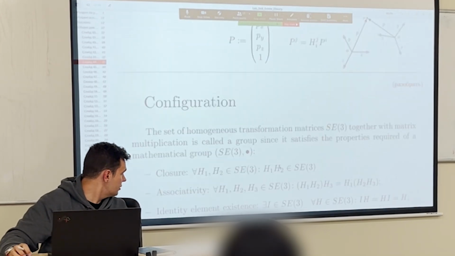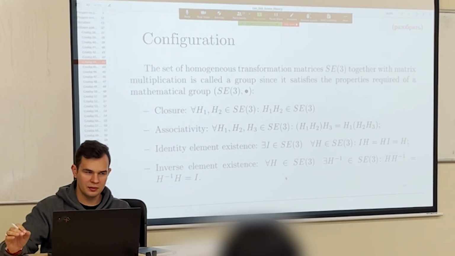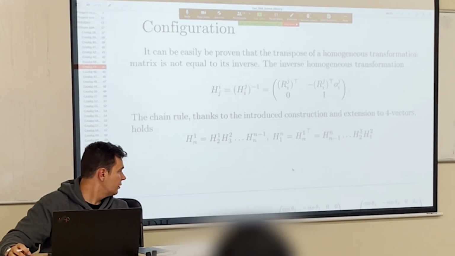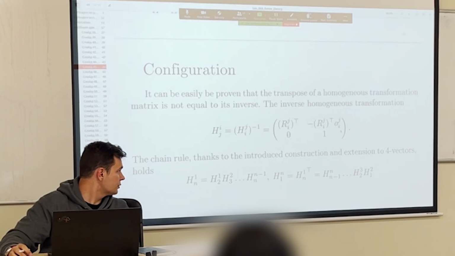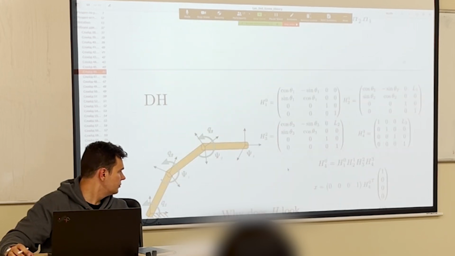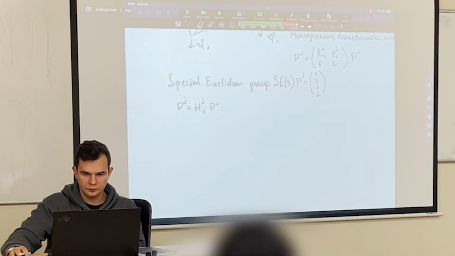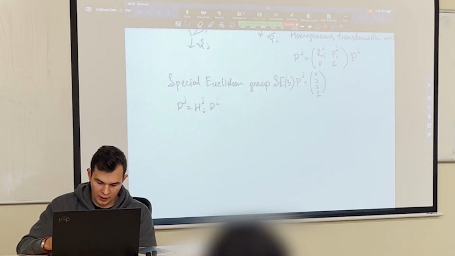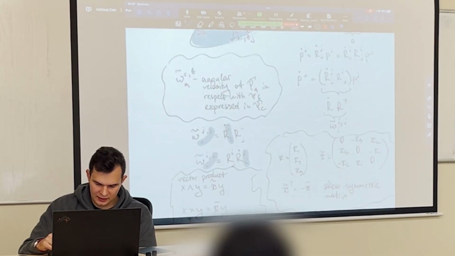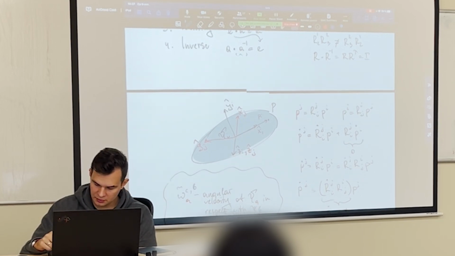But actually, it's a group, so all these properties are the same. This is how the inverse looks like. This O means the position vector p, x, y, z. You also can use a chain rule, and basically we can do the same trick here. Let's try to do this.